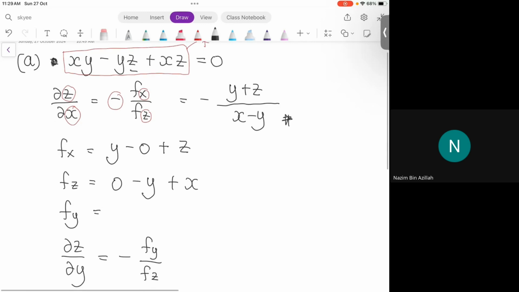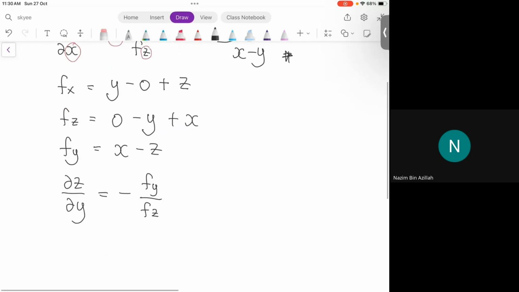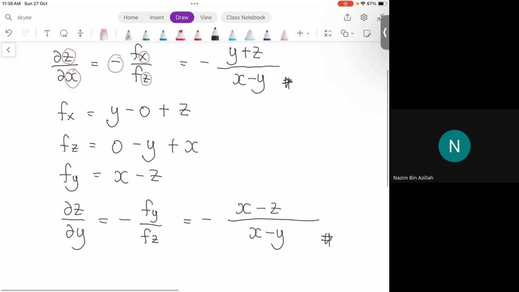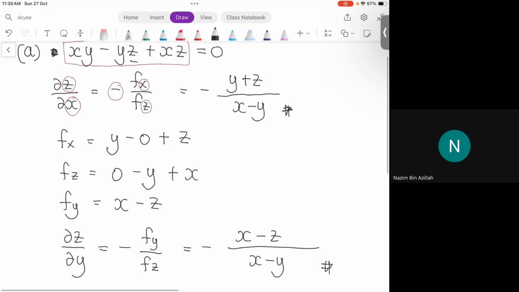So Fy equals x minus z. Now we put it here: negative Fy over Fz, which is x minus z over x minus y. So this one will be your answer. This is question A.